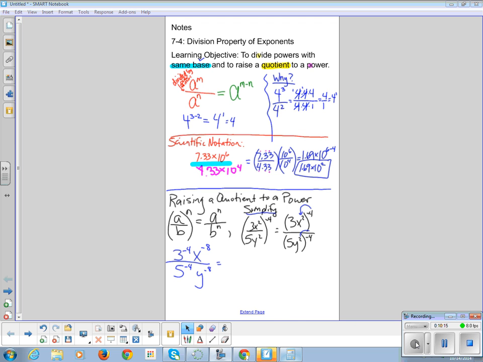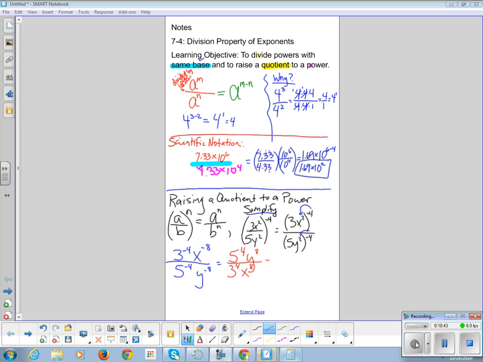So in this case, we're going to just switch everything up. If I bring this 5 up to the numerator, then its exponent becomes positive. If I bring this y up to the numerator, its exponent becomes positive. Now I'm going to pull down and do the same thing with my 3 and my x.